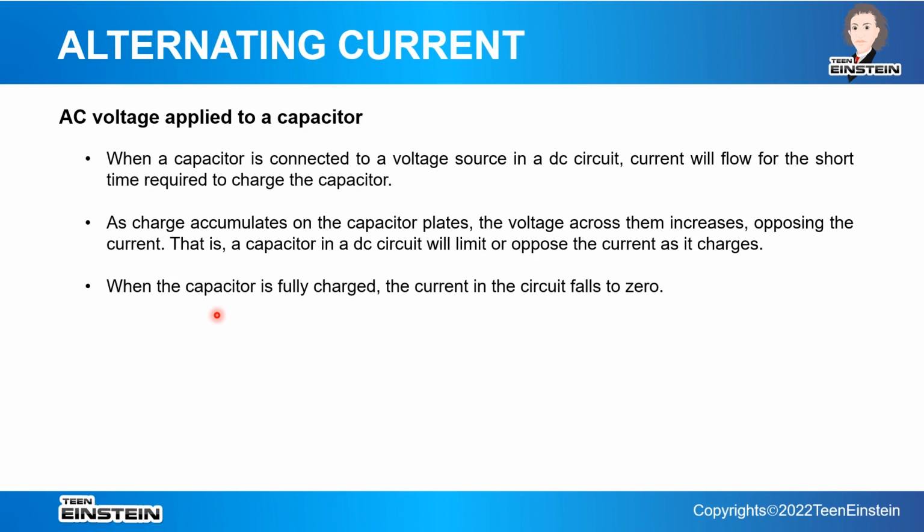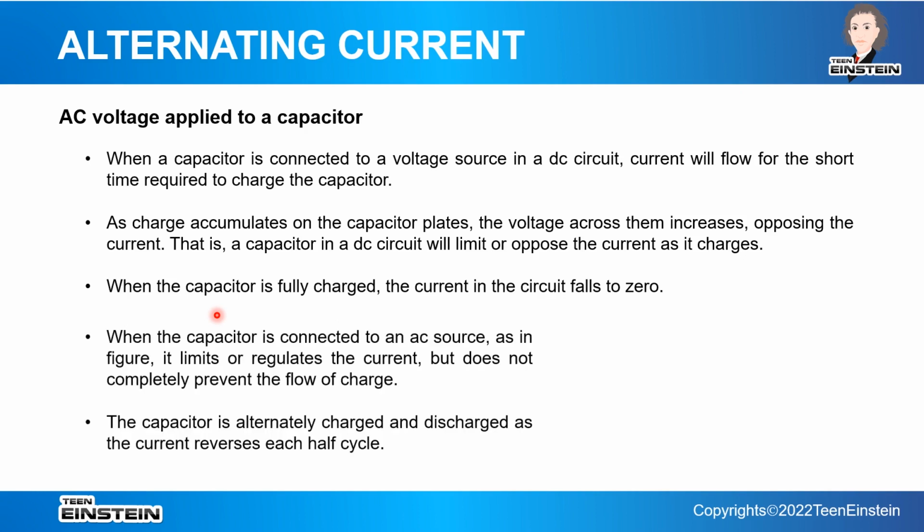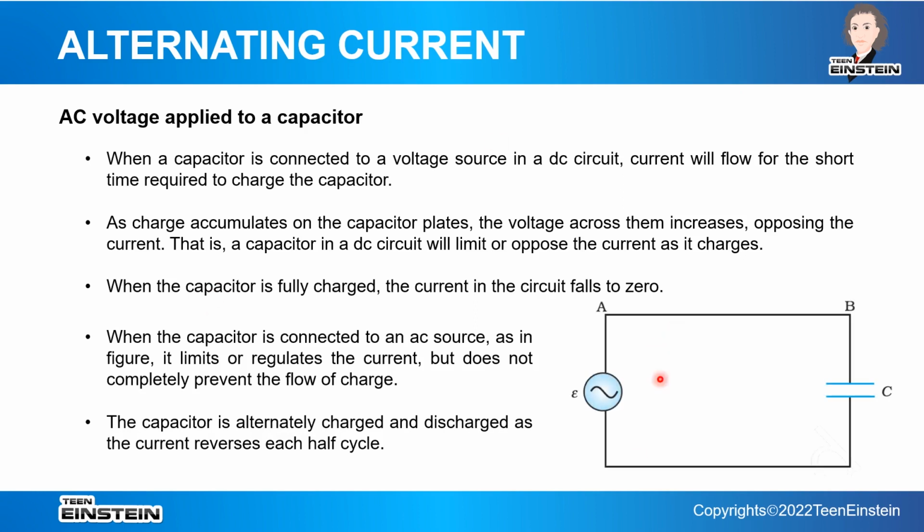But what happens when you connect a capacitor to an AC voltage? Here in this picture, there is an AC source and there is a capacitor, and we have a circuit like this. When you connect the capacitor to an AC source, it limits or regulates the current, but it does not completely prevent the flow of charge like in the case of DC.